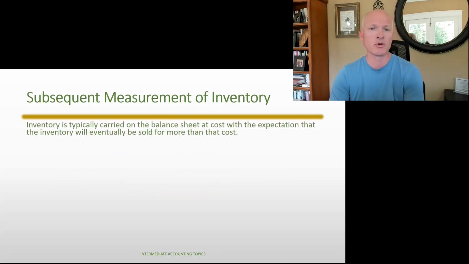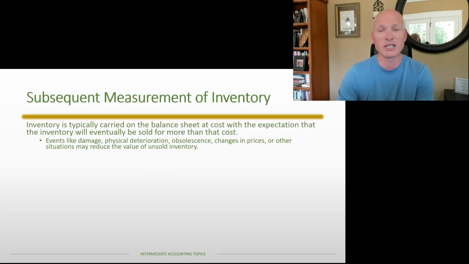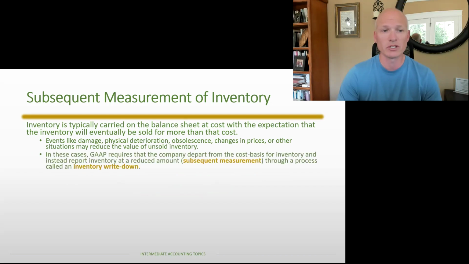When we look at subsequent measurement, basically things happen after you acquire your inventory. Your inventory can get damaged. There can be physical deterioration. There can be obsolescence, changes in prices, or a lot of things could affect unsold inventory. Under GAAP, normally you carry inventory based on cost, but you can depart from that through what's called an inventory write-down.